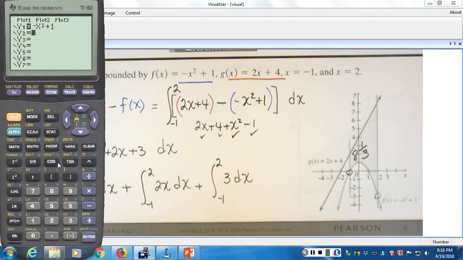And then I would also graph 2x plus 4. And I would set my window up so that I could see from at least maybe about -3 to about +3, because I'm going from -1 to 2.